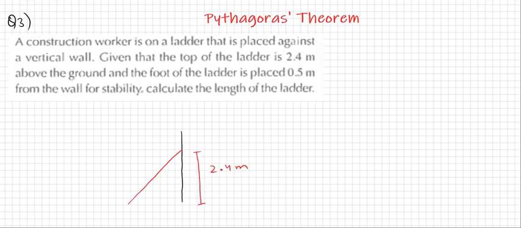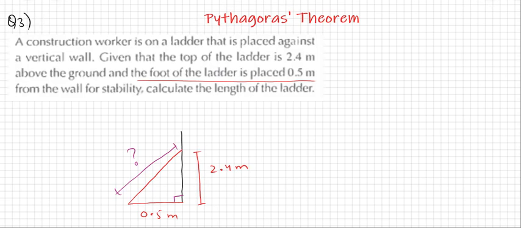And the foot of the ladder is placed 0.5 meter from the wall for stability. So the 0.5 meter is the distance of the foot of the ladder from the wall. So you can see a right angle triangle has been formed. This is a 90-degree angle, and you have to calculate the length of the ladder. So you see, we have figured out a right angle from this word problem.